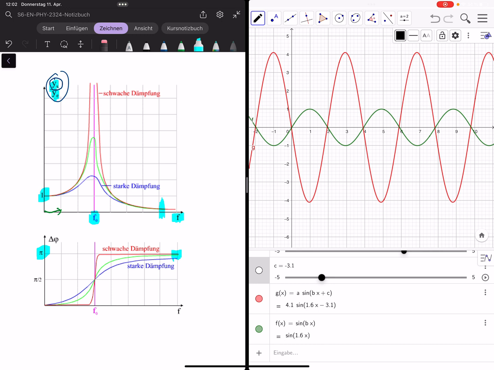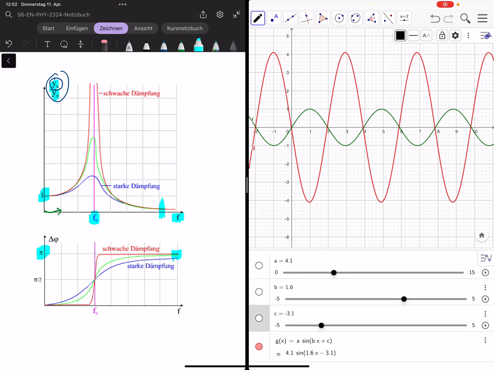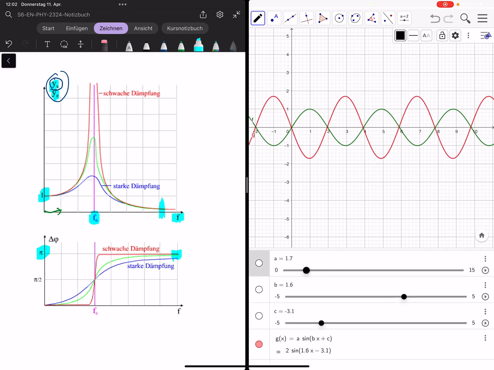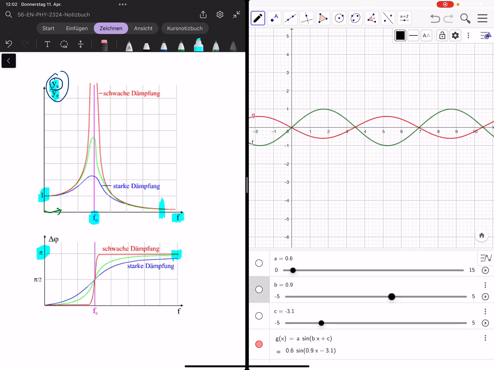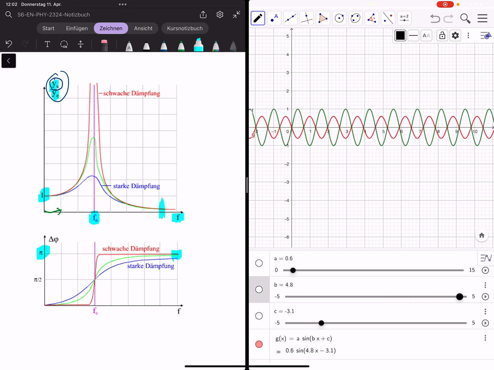So in this case, the amplitude is going down again, maybe to 0, and that's when we have a high frequency.